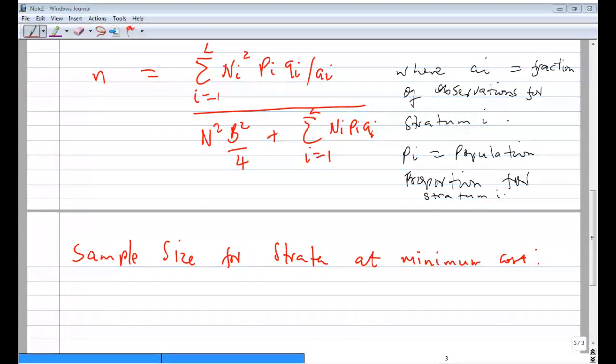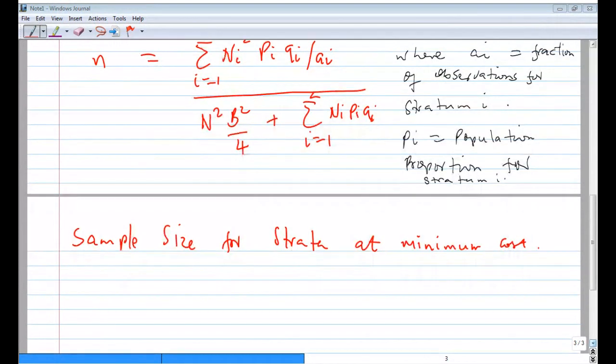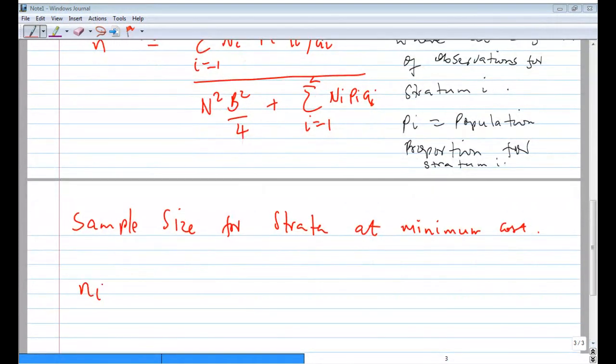So in other words, you're going to find the sample sizes for each stratum, n1, n2, and n3. So generally, you have to find ni.